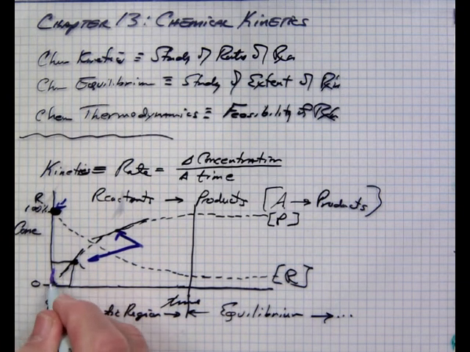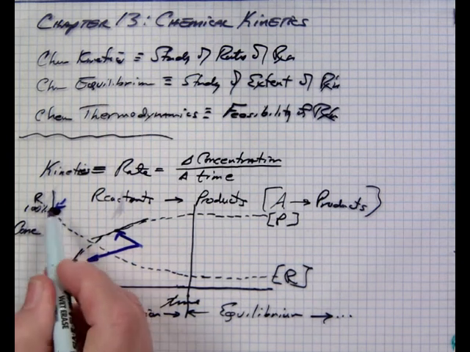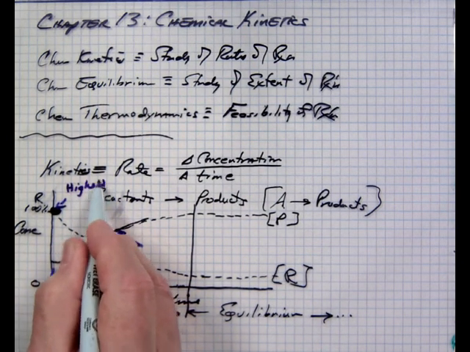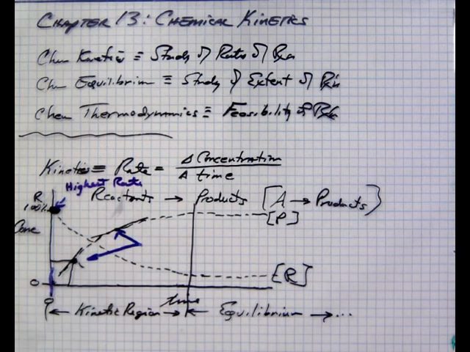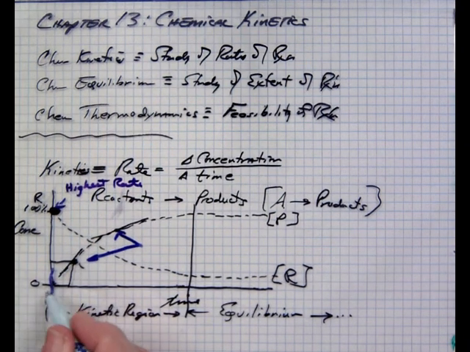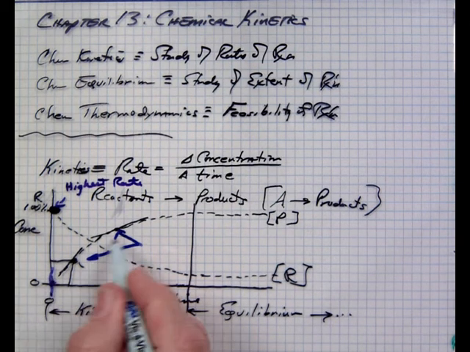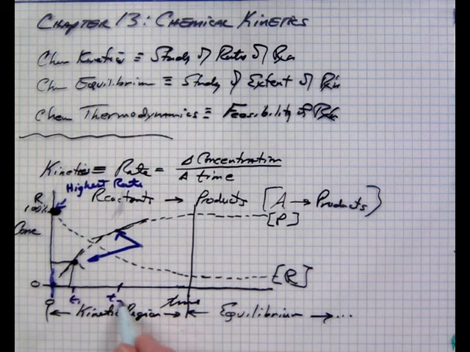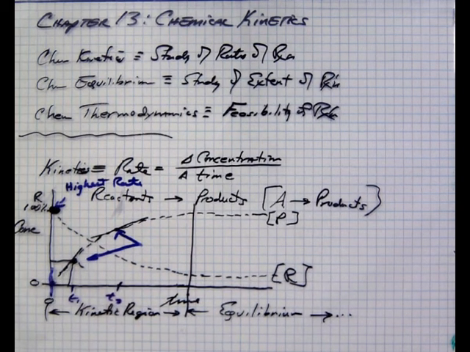The highest slope is right here, which means that's your highest rate of reaction. And at some time 1, time 2, each one of those points would be a specific instantaneous rate.